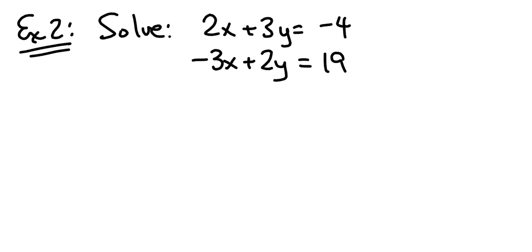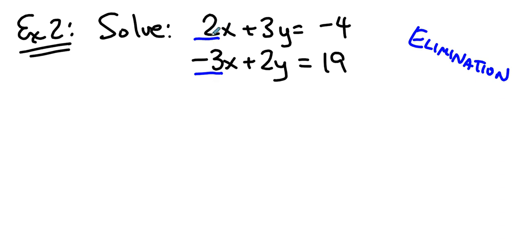Well, in this case, we work with something called elimination. And when we eliminate, we are eliminating either the x's or the y's. It is usually helpful to try to get those coefficients to match with opposite sign.